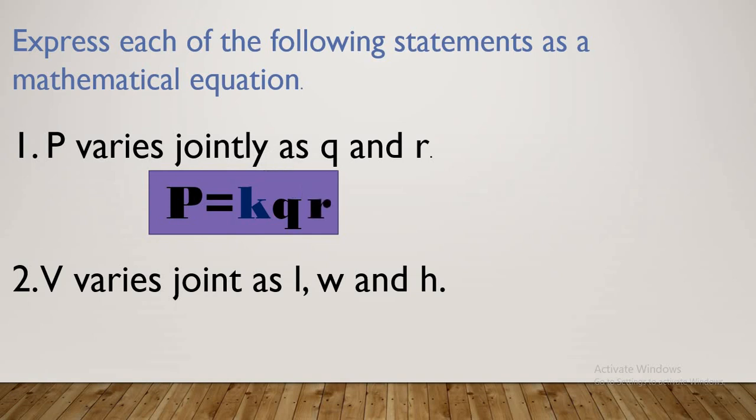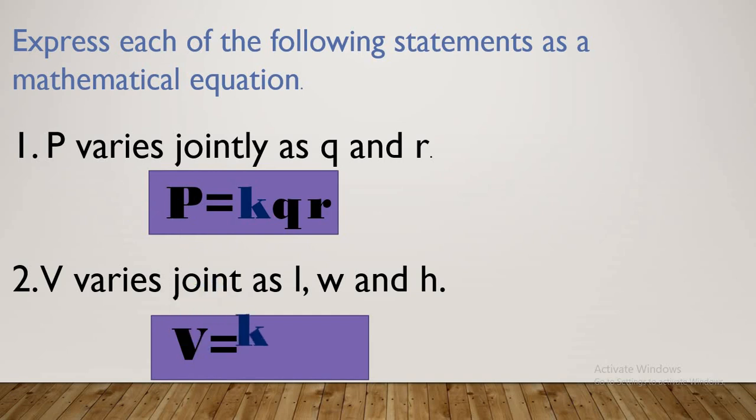Next, V varies jointly as L, W, and H. So we can simply write it as V, big letter V, is equal to KLWH.